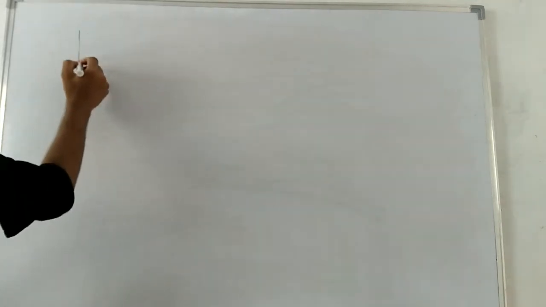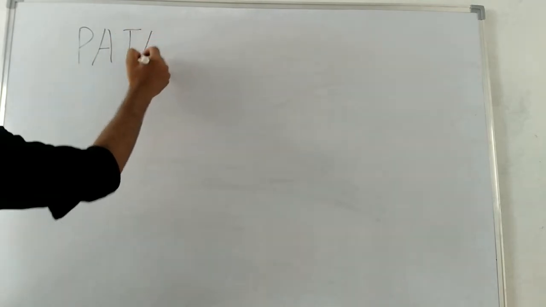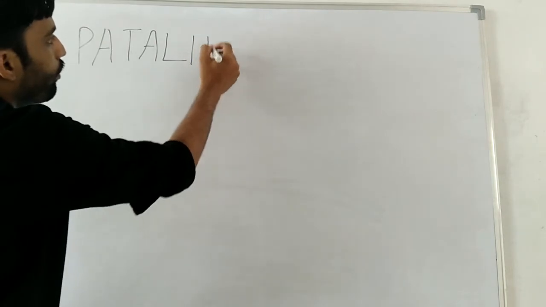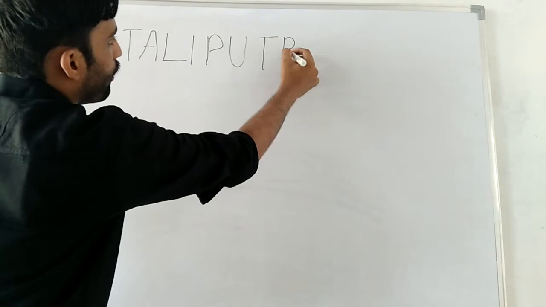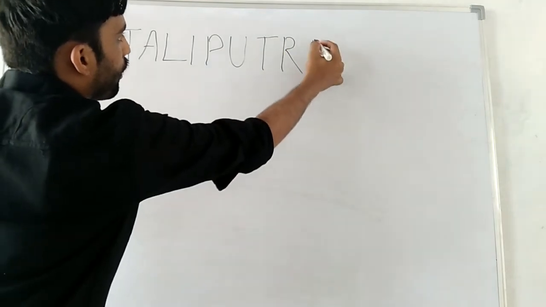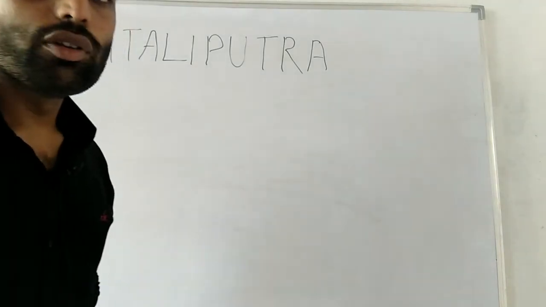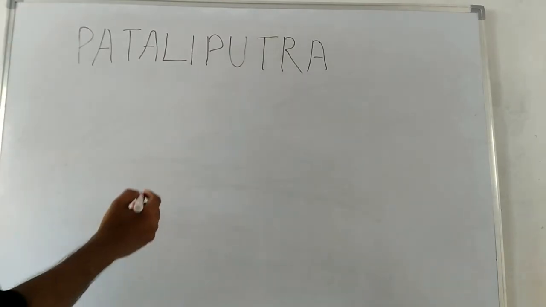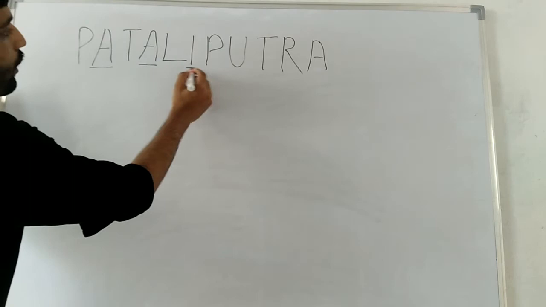In the next question we have a word, PATALIPUTRA, and we have a restriction that the relative position of vowels and consonants cannot be changed. So we cannot change the relative positions of vowels.